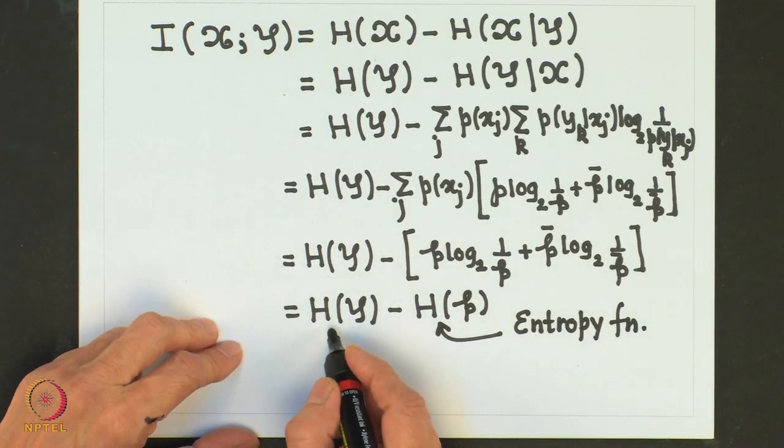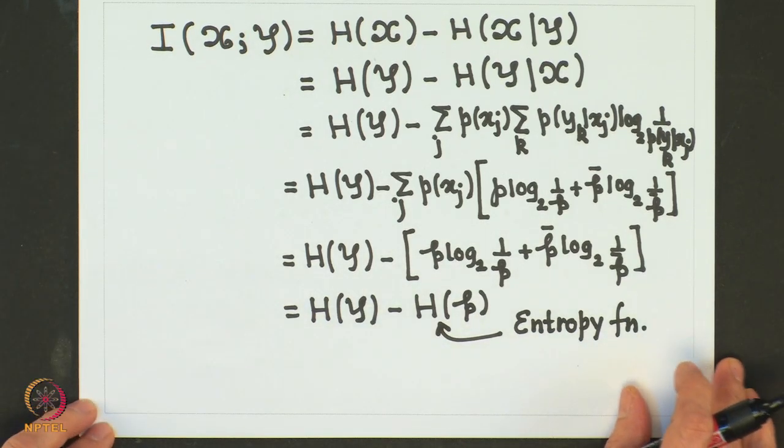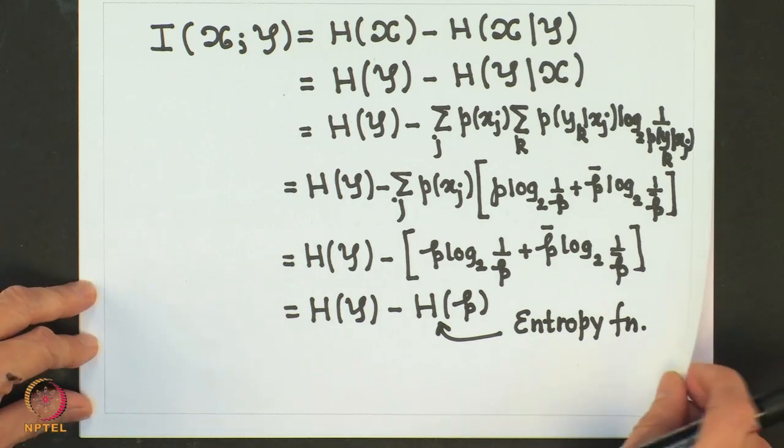Now, I need to calculate the entropy of Y. To do that, I need to calculate the probabilities of the output symbols.